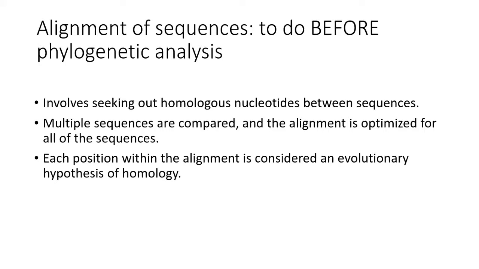Okay, alignment. So alignment compares multiple sequences and optimizes the lengths of those sequences, and finds the areas that are the same, or homologous, from the same origins, and the parts of a sequence that are different, and says, okay, if this is different, that must be some kind of mutation.